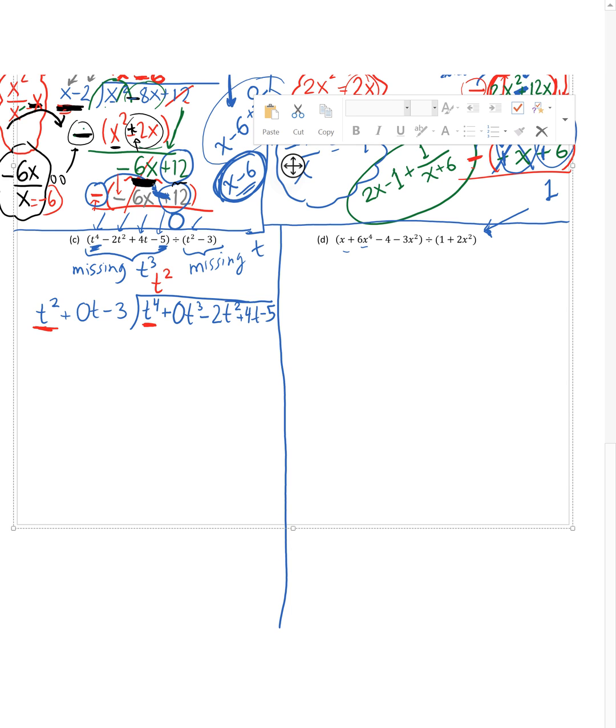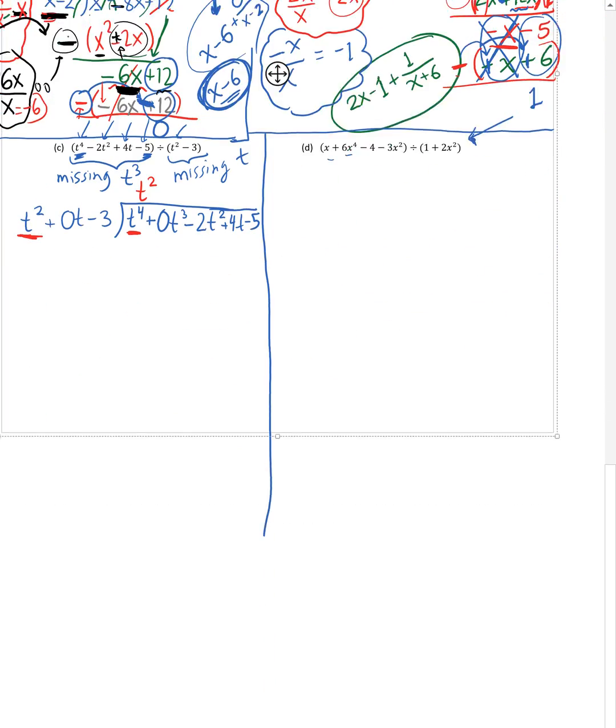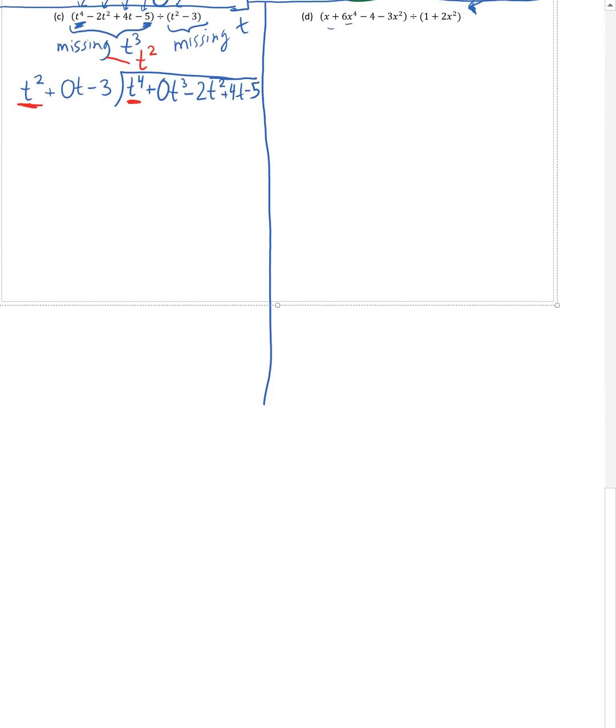Then I take that and multiply it by all 3 terms in the divisor. t squared times t squared is t to the 4th. t squared times 0t, even though it's a 0, just pretend it means something, is 0. t squared times t is t cubed if you add the powers. And t squared times negative 3 is negative 3t squared.